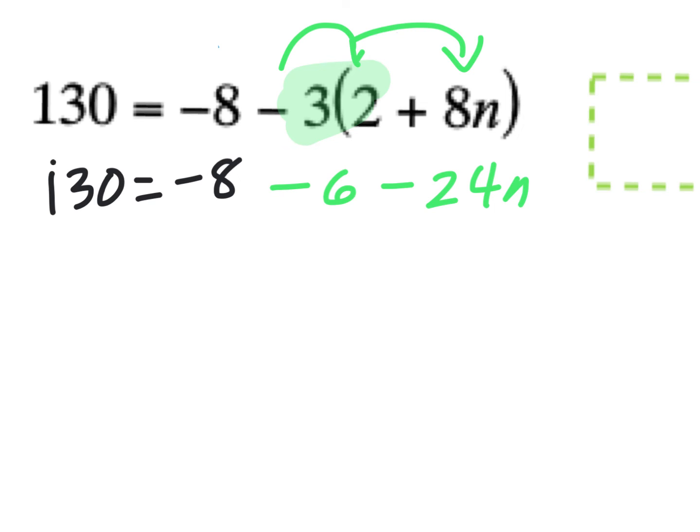The other mistake I see kids have a tendency to make is that they see these two things sitting next to each other, and they think it means that they need to multiply them, and it doesn't. If there were parentheses in between, like if there were another set of parentheses by the 8, that would mean multiplication, but there aren't, right? So when you go to combine those two, you simply just combine the two negatives together.